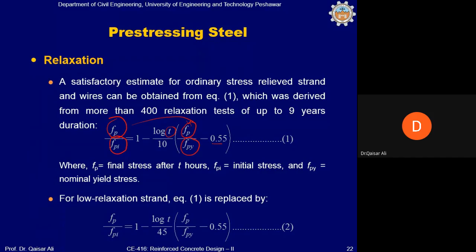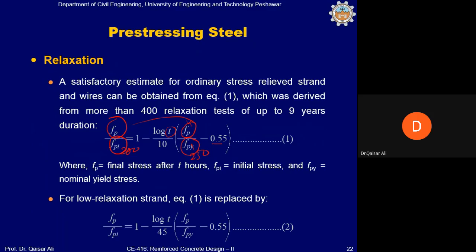So if log of t is substituted in this equation, where t is in hours, let's say log of 400, after 400 hours, 400 divided by 10, and fp will be calculated. If fpy is, let's say, 250 ksi, and if fpi is 200, you will substitute here 200, here 250, and log of 400, and the equation can then be simplified for fp, which will give us the stress in steel after relaxation.